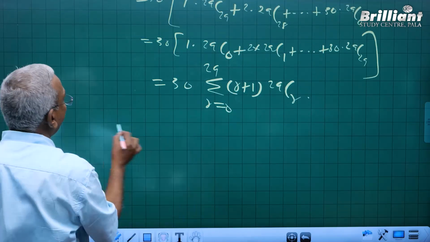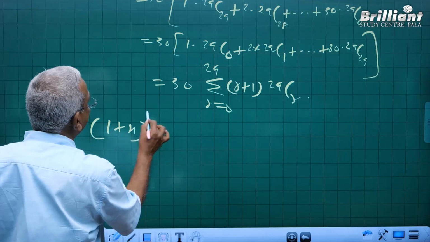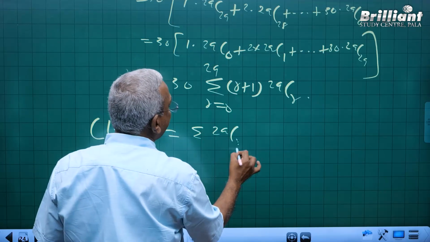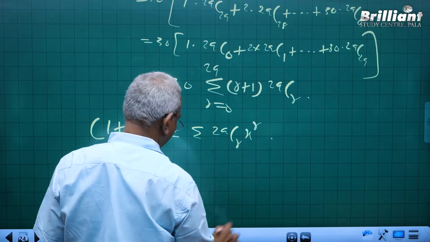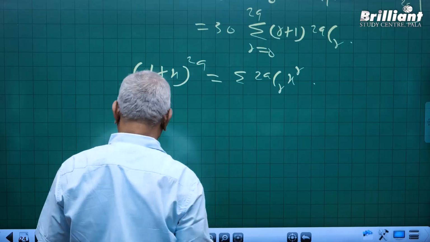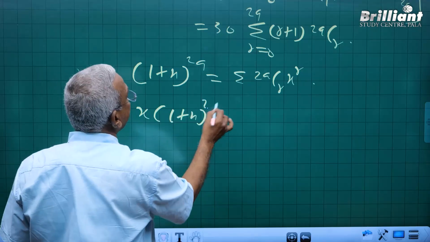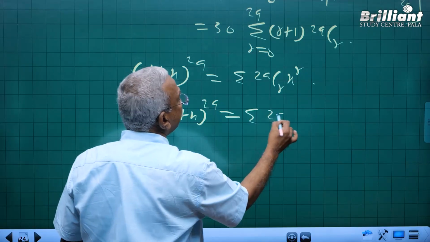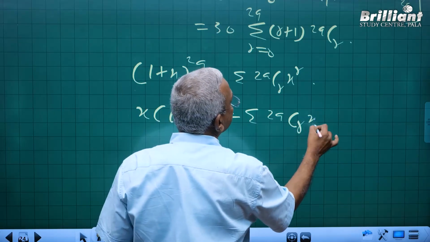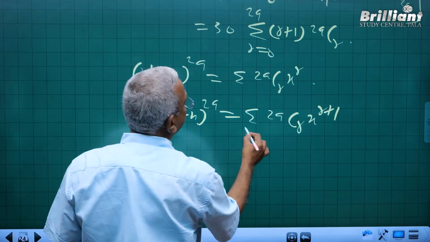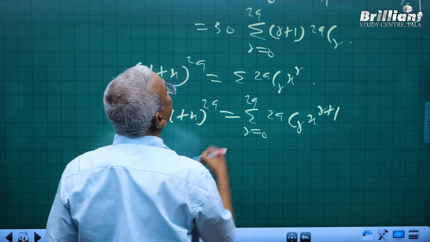Now, we can see 1 plus x the whole raised to 29 is equal to sigma 29Cr x raised to r. I just multiply both sides by x. So, x into 1 plus x the whole raised to 29 is equal to sigma 29Cr into x raised to r plus 1, where r is equal to 0 to 29.